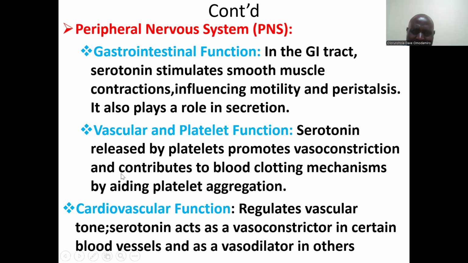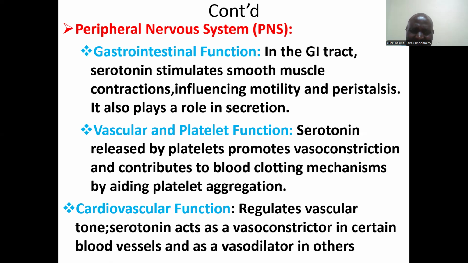In vascular and platelet function, serotonin released by platelets promotes vasoconstriction and contributes to the blood clotting mechanism by aiding platelet aggregation.